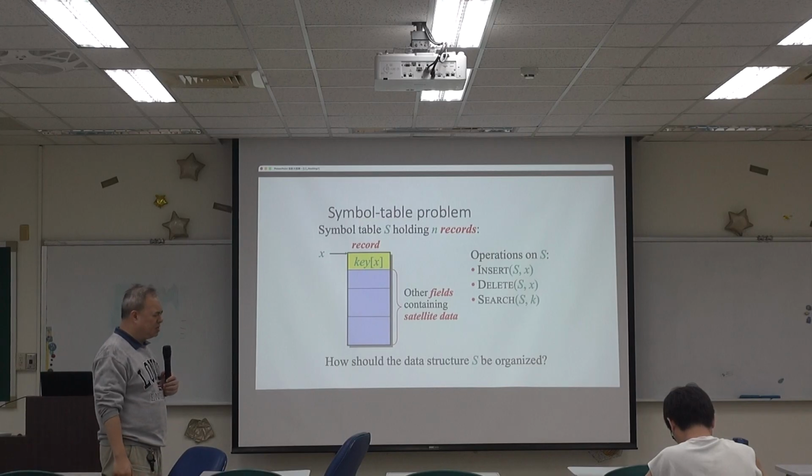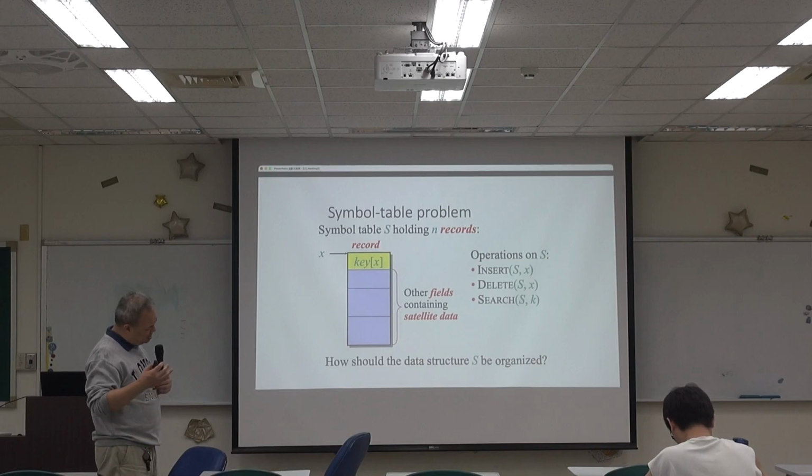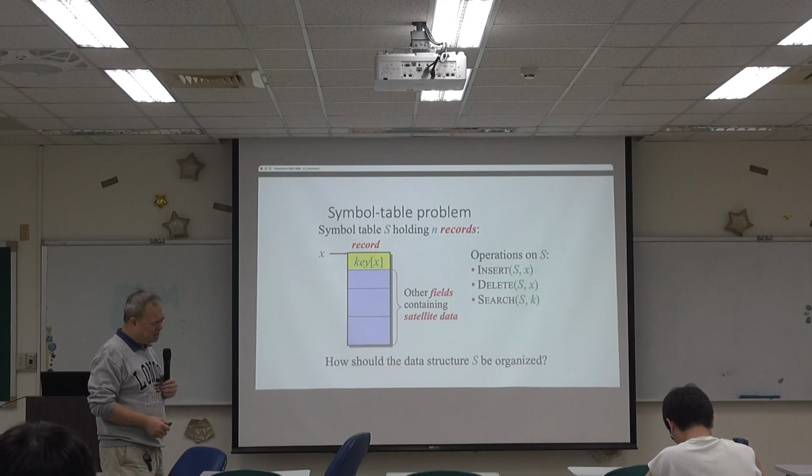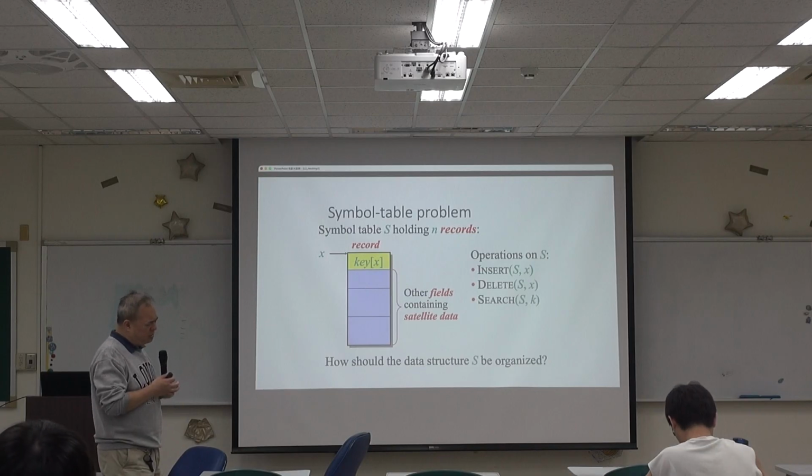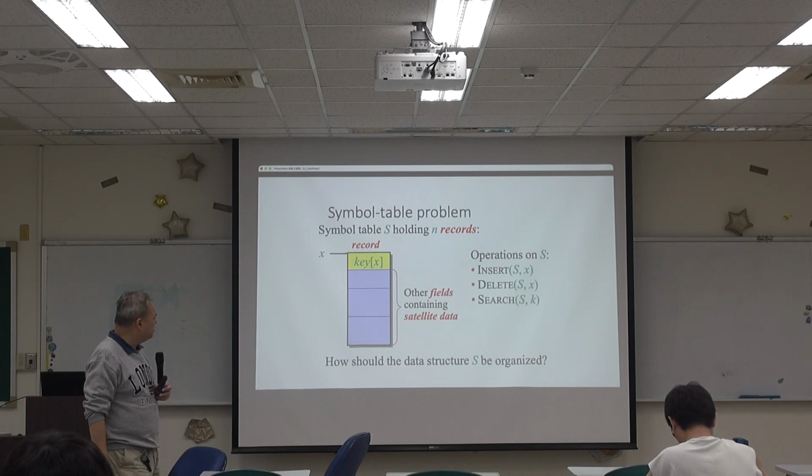Deletion is similar: once you delete the record, all the records behind it will have to move one space to the left. That also takes linear time. And the search, if it's sorted, could be binary search, so it's log n, which is not that bad. But you can see that it's much more expensive.